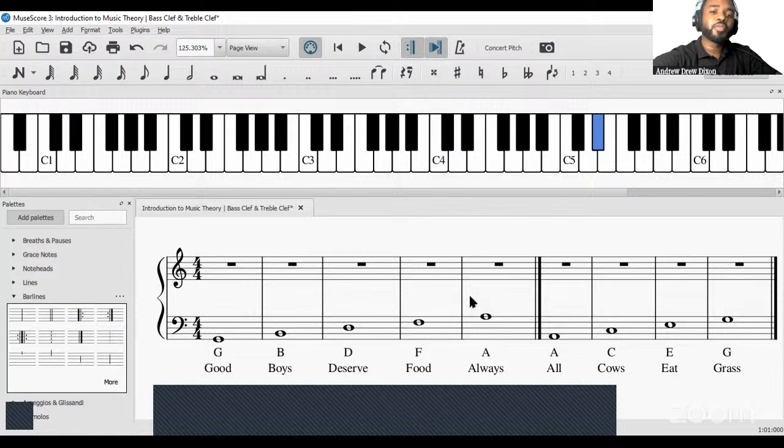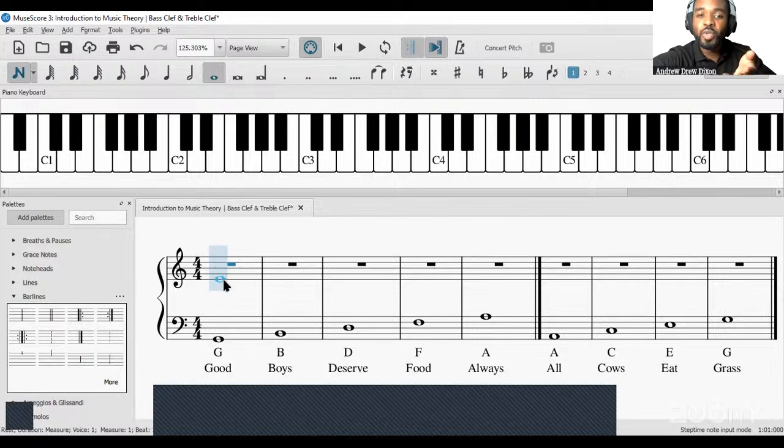Now, just to recap, the names of the lines of the bass clef are G, B, D, F, A, which stands for Good Boys Deserve Food Always. And the names of the spaces of the bass clef are A, C, E, G, which stands for All Cows Eat Grass. All right. Now let's go to the treble clef.